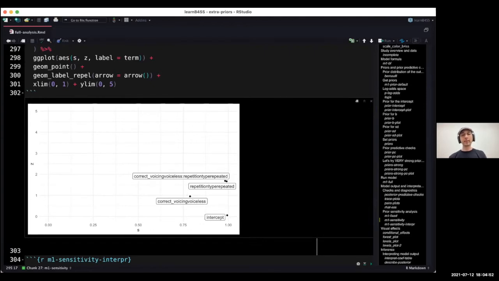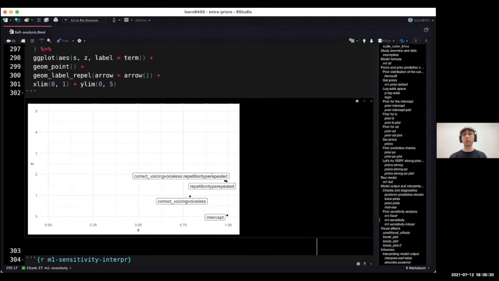Since you want S to be as high as possible, basically 1, and you want Z to be as low as possible, basically 0, what you want to see with this plot is that everything concentrates on the lower right corner of this plot, right? And in fact, this is what we see here, right? More or less these 4 parameters concentrate in that area.